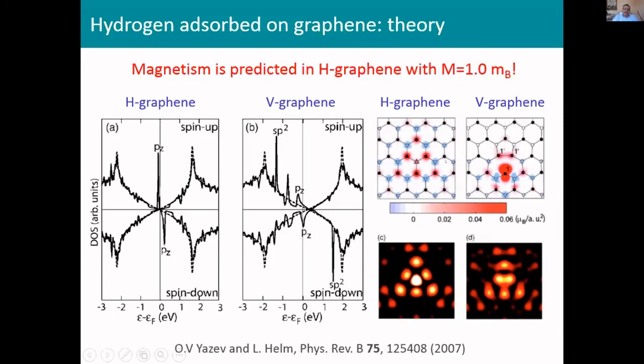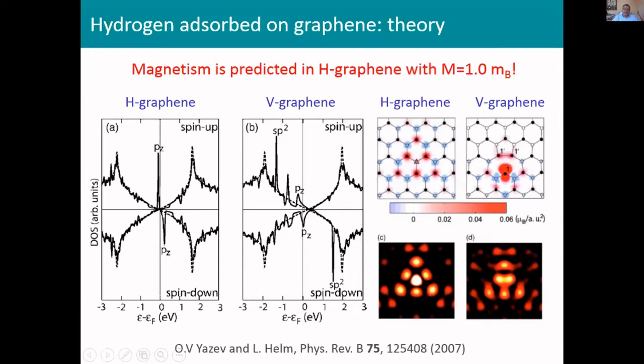And here we can see the spin polarized density maps. One feature is that the main contribution to the spin magnetic moment is not exactly at the impurity site, it is in the atoms, the first nearest neighbor atoms of the impurity site.